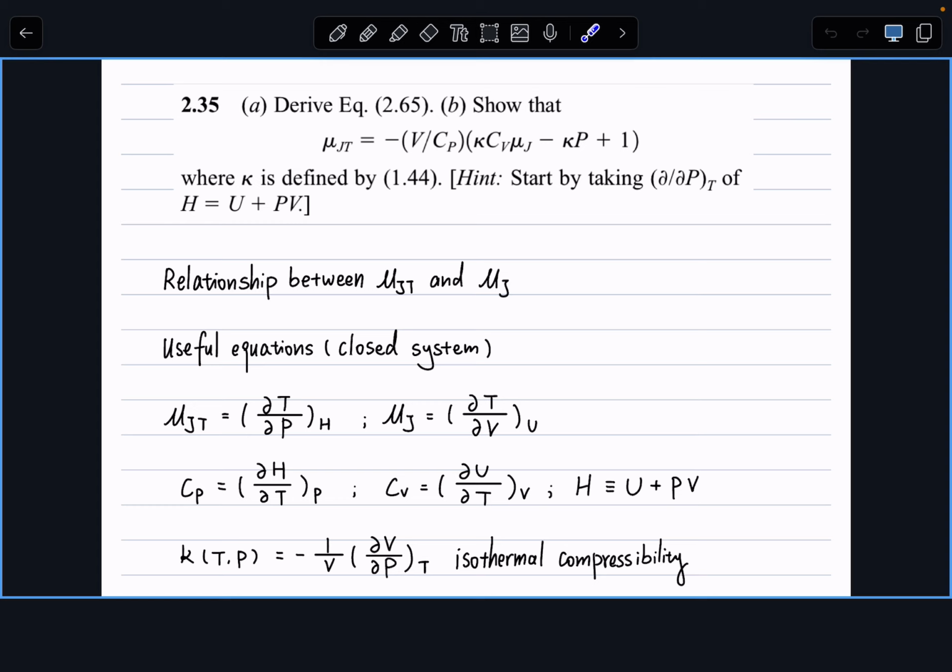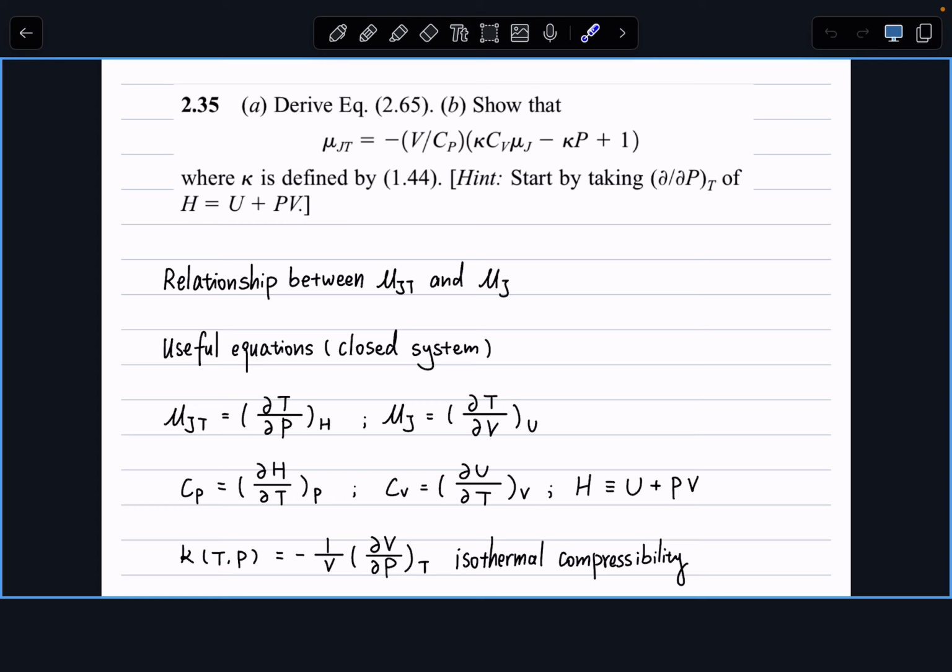So picking up from where we left off last lecture, we went over the definition of the Joule-Thomson experiment and refreshed our memory on heat capacity. So now let's think about what we can get by only using the definitions of these terms in derivation.